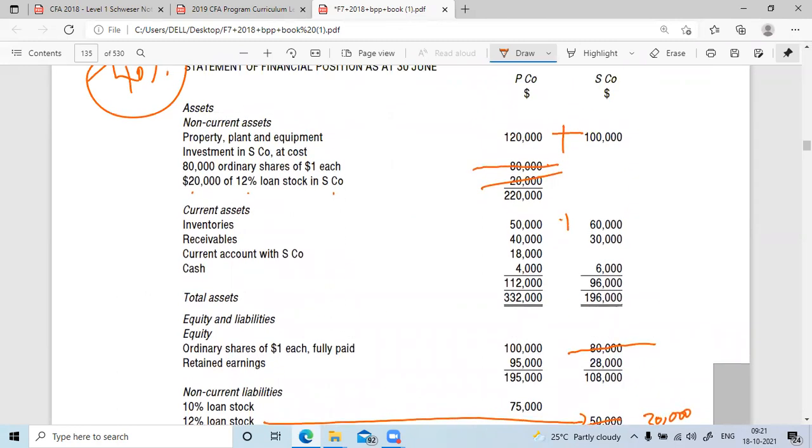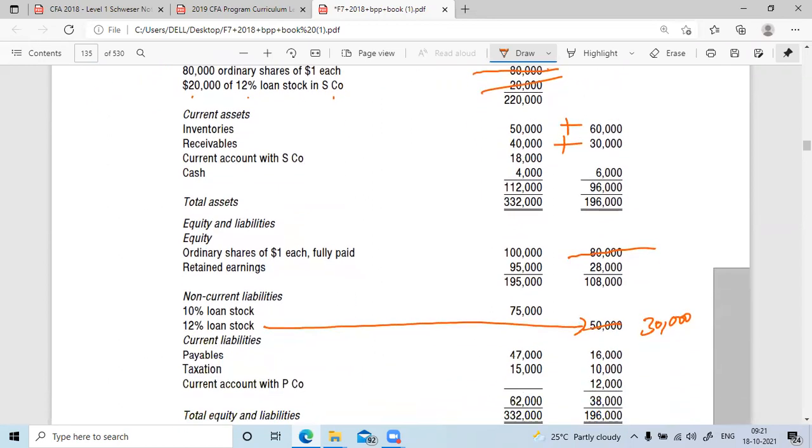Then you need to add inventory, receivables, current account with S company, 18,000 they have given here. And the current account with P company is 12,000. So they are supposed to receive, they are showing 18,000 and these guys are showing they are supposed to pay 12,000 to them.